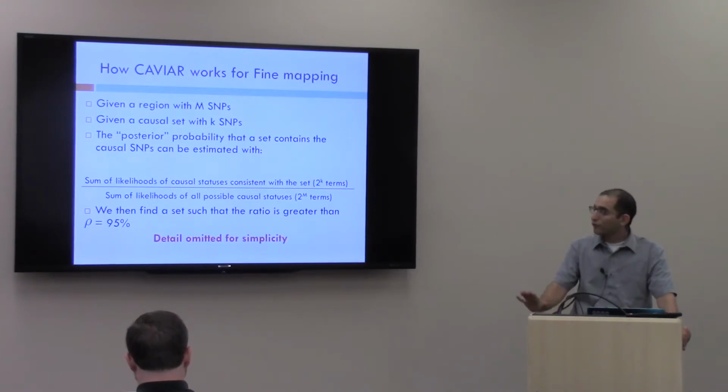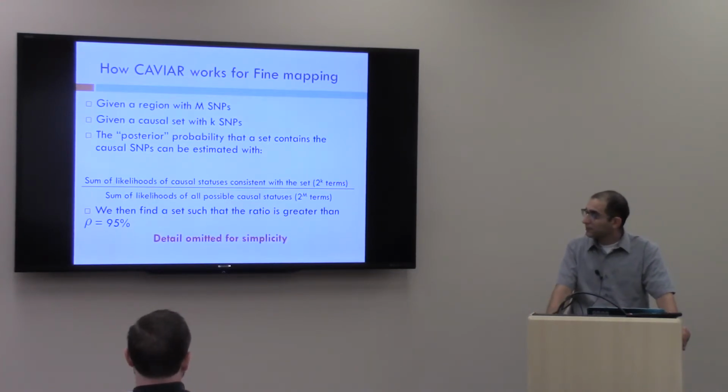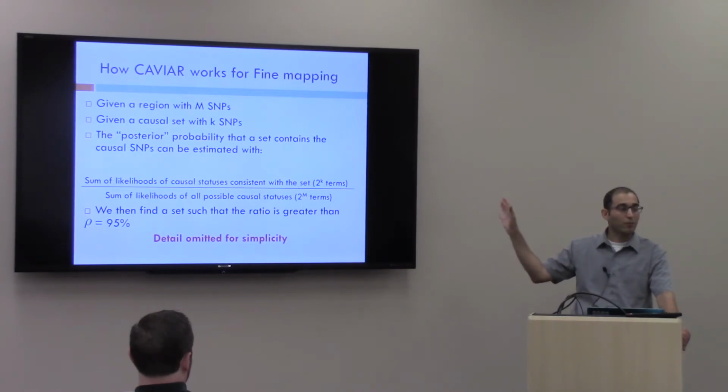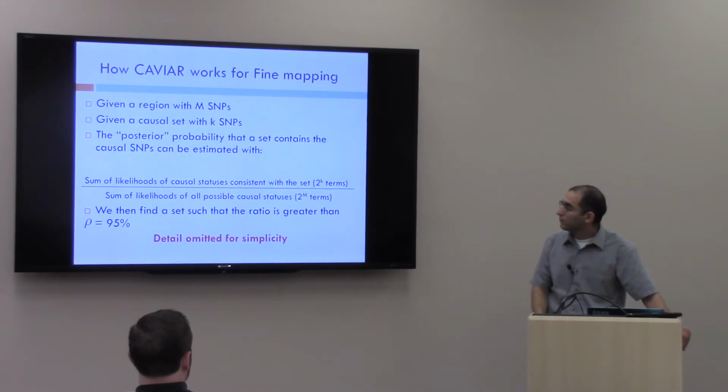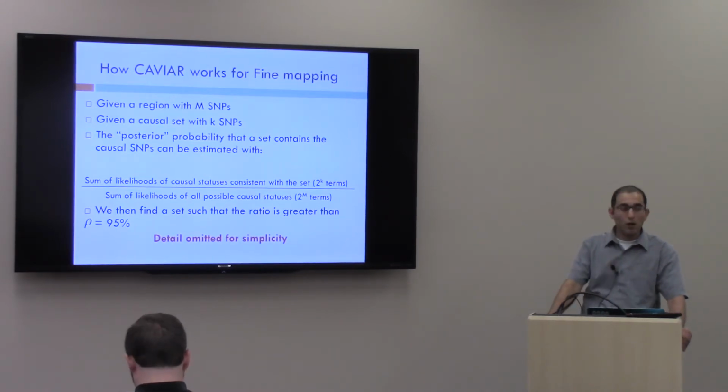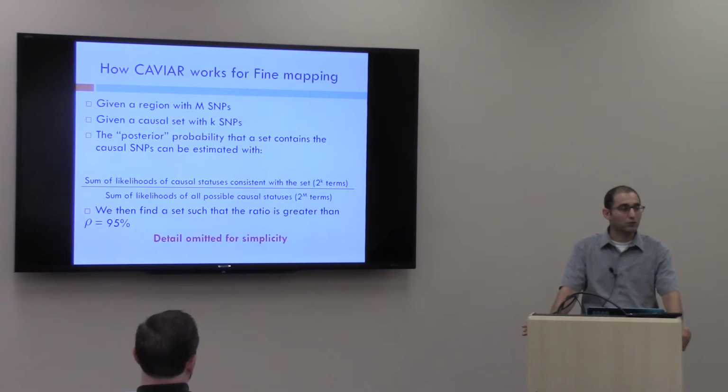Now, to simplify the presentation, we approximate here, but in the actual paper we computed it the proper way. In order to compute this posterior probability, you sum over the likelihood of all the causal statuses for that causal set. Because the set is of size K, there are 2 to the K of these causal statuses.